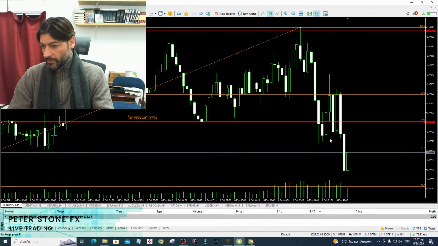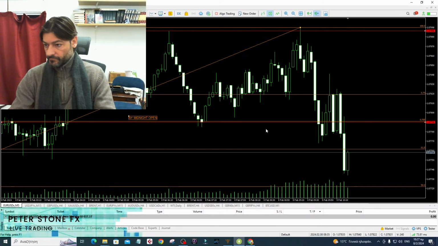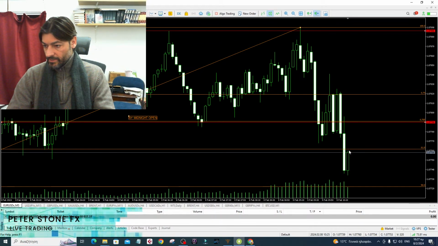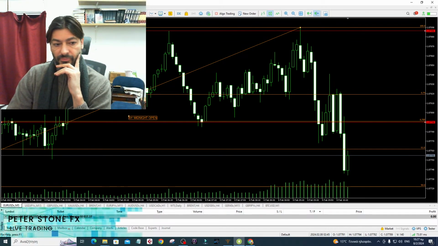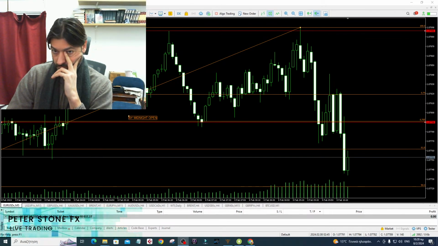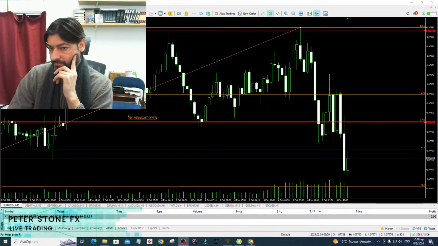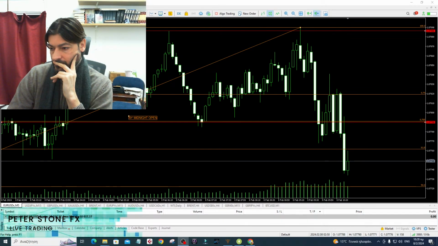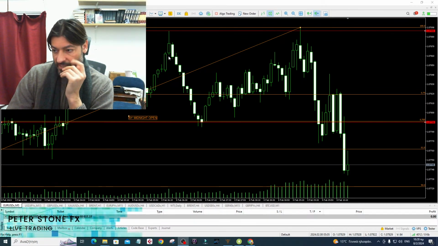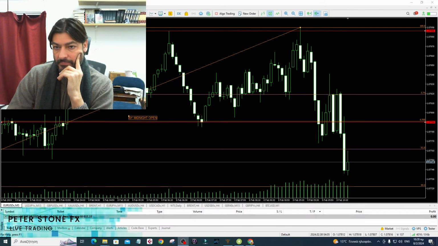I'm not putting a limit order because, you see, as soon as it touches the 61.8, it has a reaction in price. I'm ready to sell in the challenge. This is the candle that will create this fair value gap here.